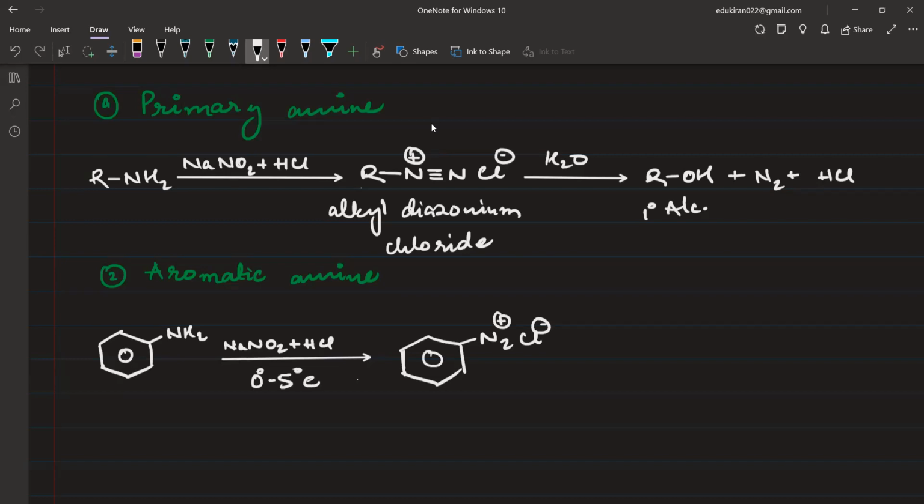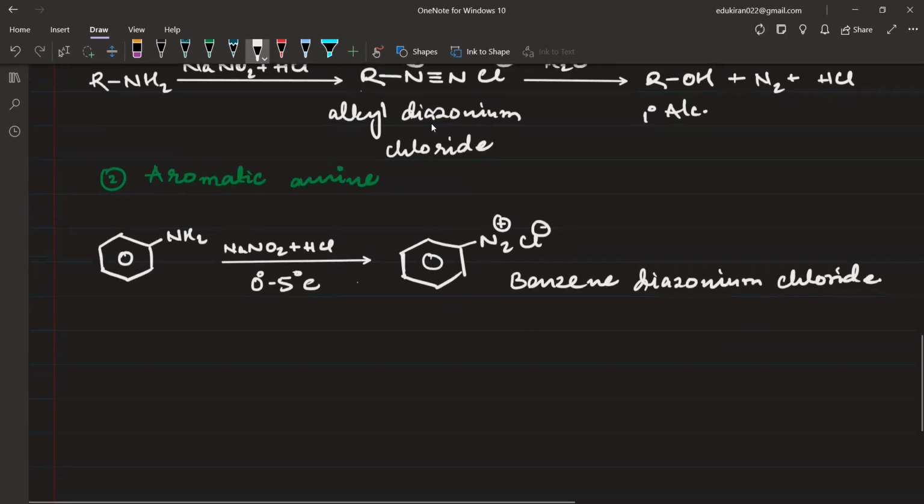Now benzene diazonium chloride is stable because of resonance. We will study about it later. It is a complete topic, diazonium salt, right?